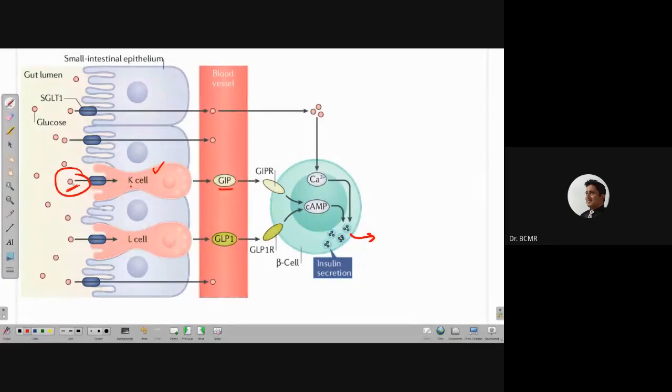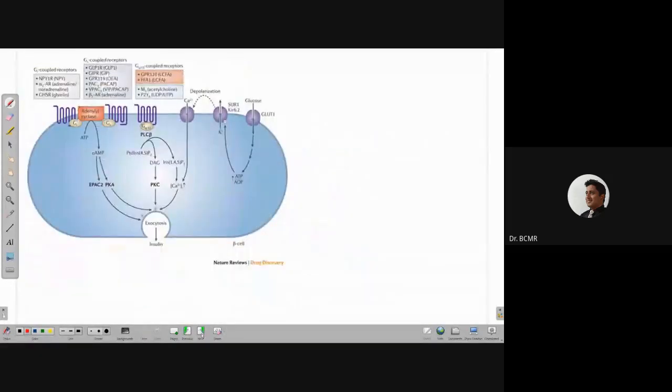There is a problem, however: they do not produce insulin, right? The cells are good for sensing mechanisms, but K cells do not produce insulin. So to address this, this is the same thing I was talking about before, so I'll just skip.